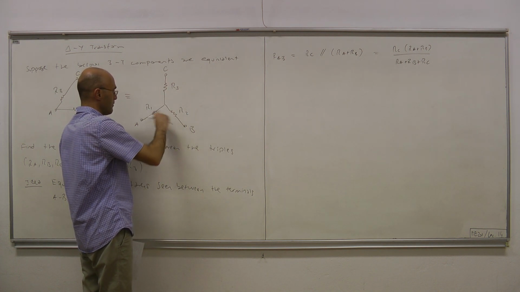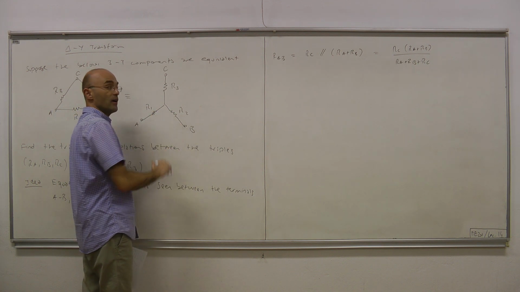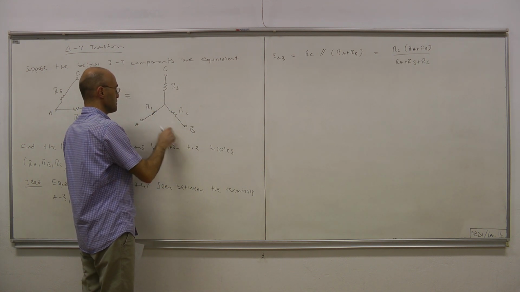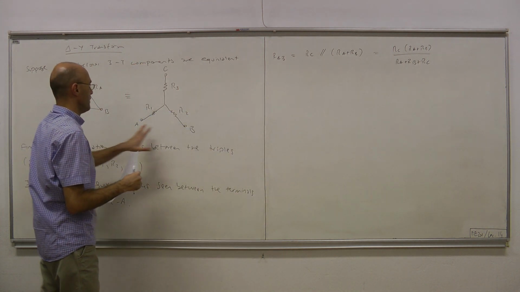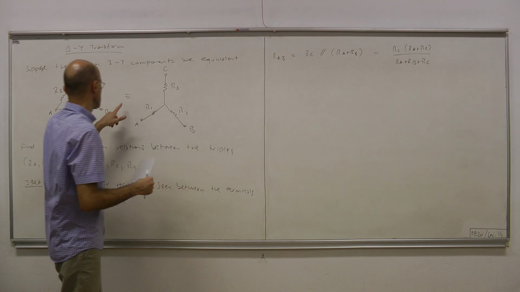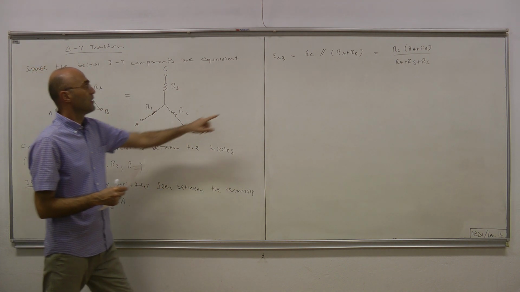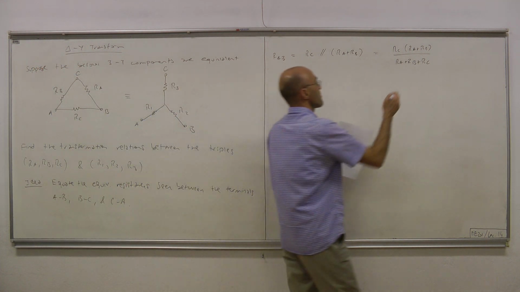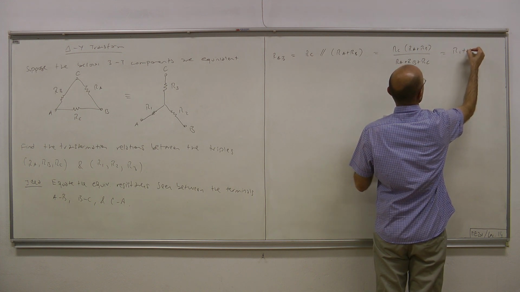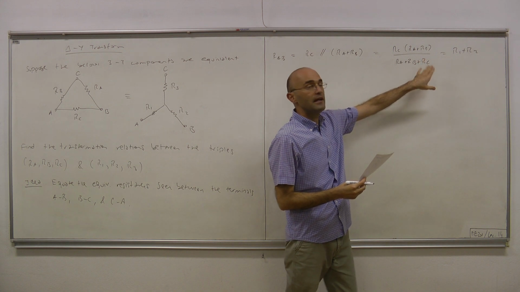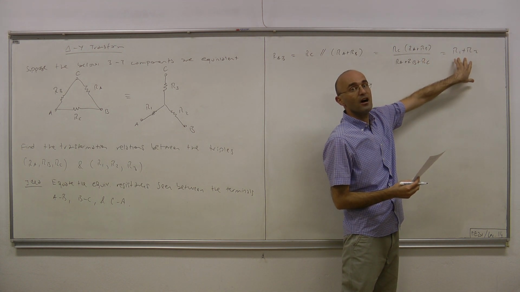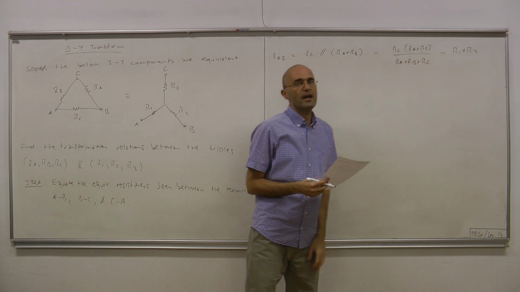It's the same current traveling through R1 and R2, therefore the equivalent resistance is R1 plus R2. Since RAB here and RAB here must be the same because of this equivalence, this must also equal R1 plus R2. So that's the first equation that relates the set R1, R2, R3 to the set RA, RB, RC.